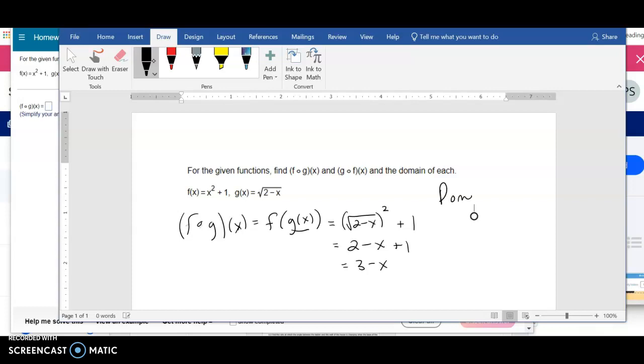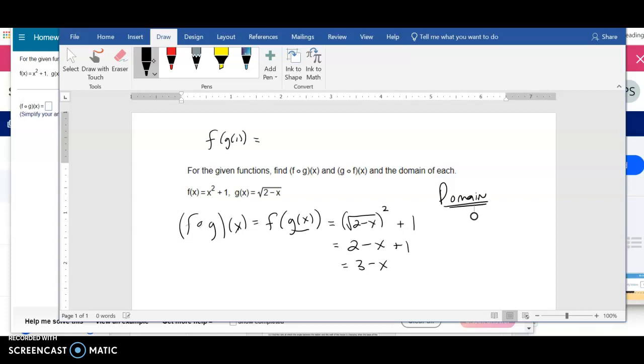Okay, now let's talk about the domain of this thing. I think about two things when I do the domain. One, you have to consider the original function, because if you're going to plug a number into f of g, the first thing you do is plug it into g, square root of 2 minus x, and then you plug that output into f. For example, let's do f of g of 1.